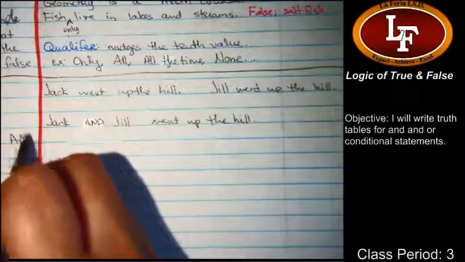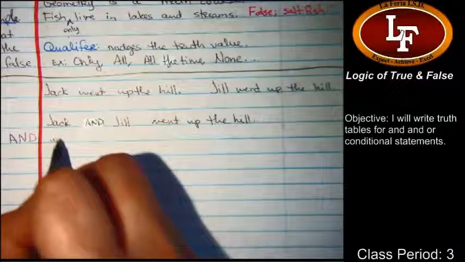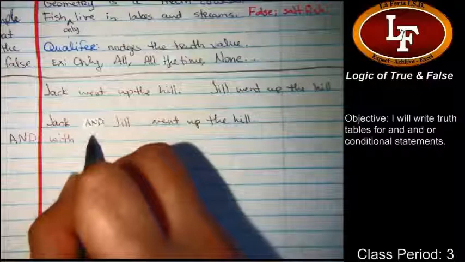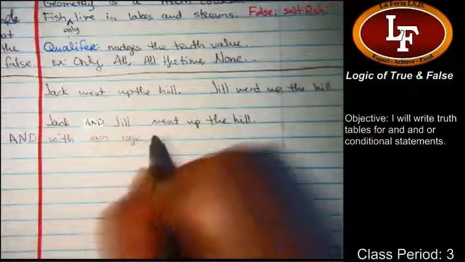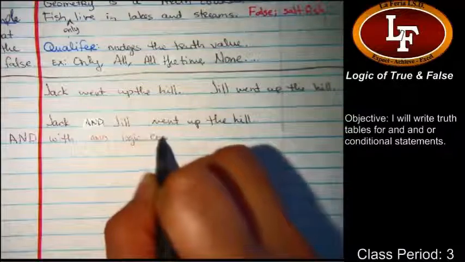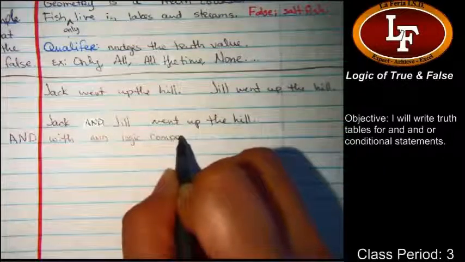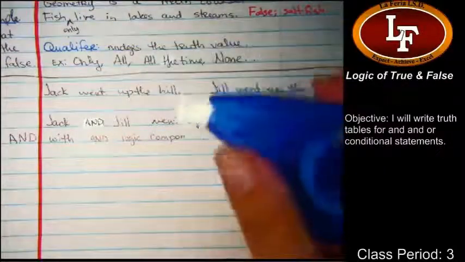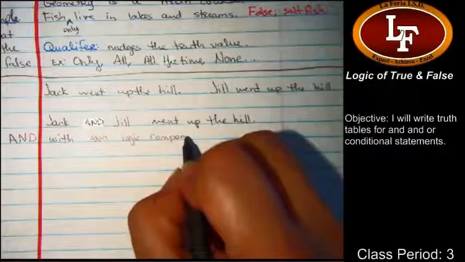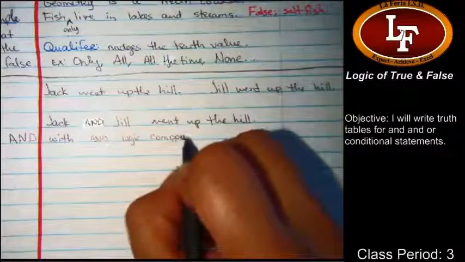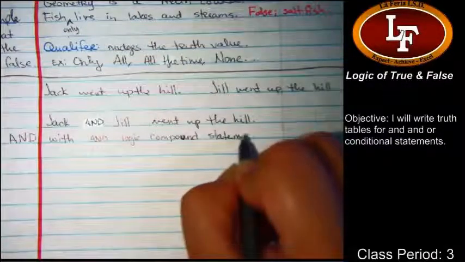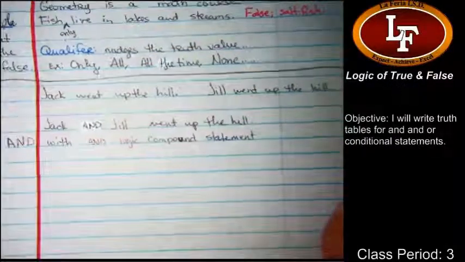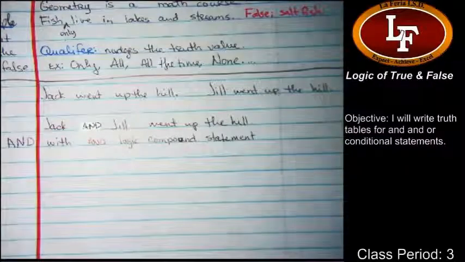So over here on the left-hand side, I want you to write and. This is our big statement, and. The notes for this: with and, logic compound statements. A compound statement has two or more statements stuck together, and you have an and in there.